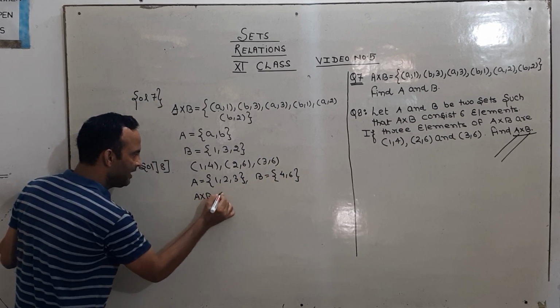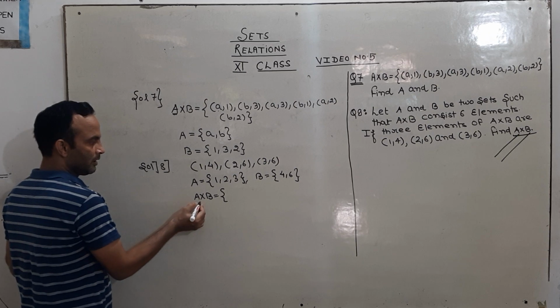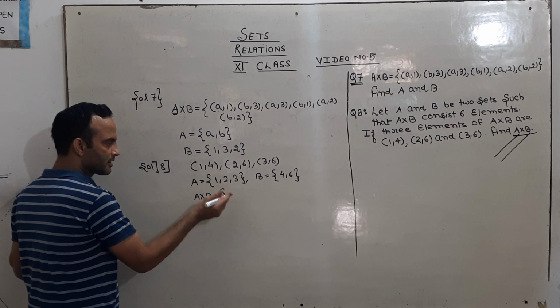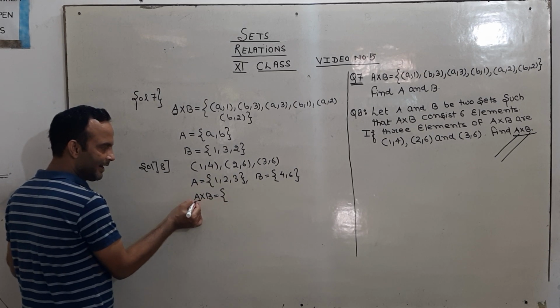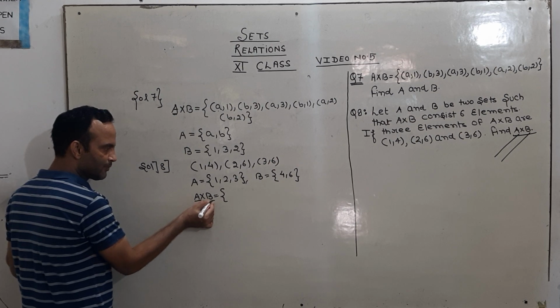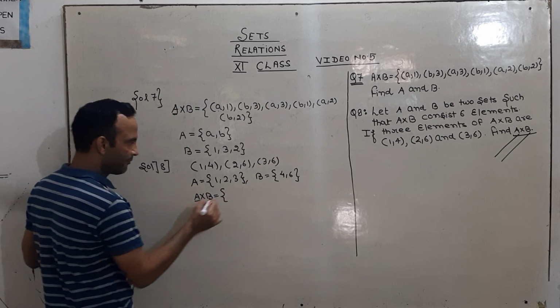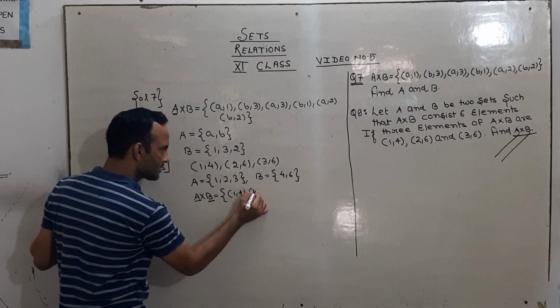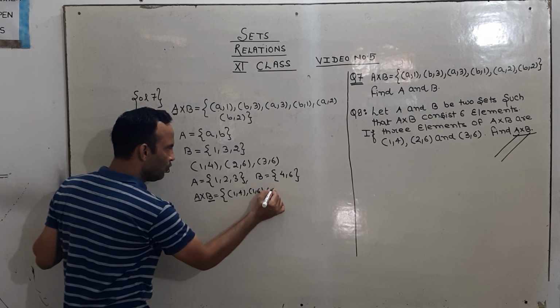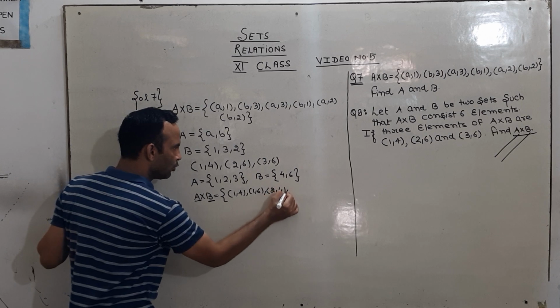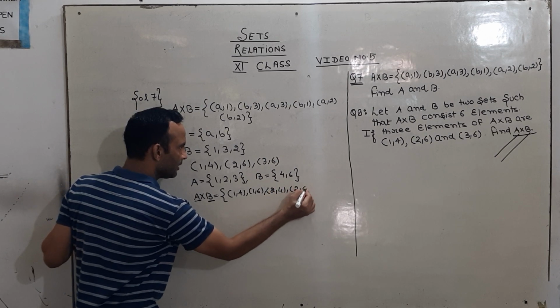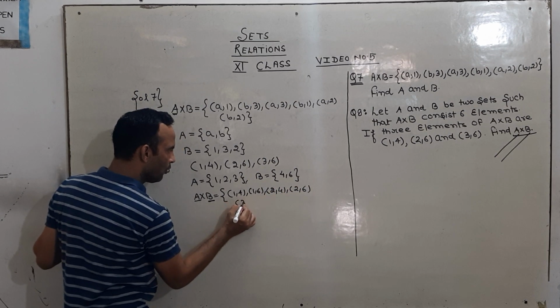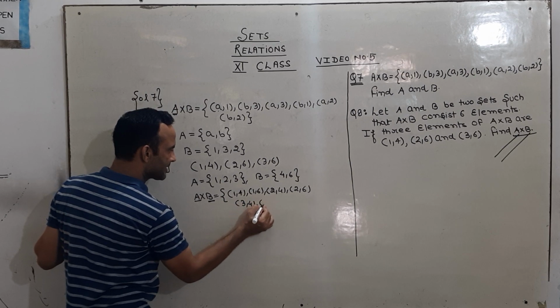A cross B means the first component of the ordered pair must belong to the set A and the second component must belong to the set B. So (1, 4), (1, 6), (2, 4), (2, 6), (3, 4), and (3, 6).